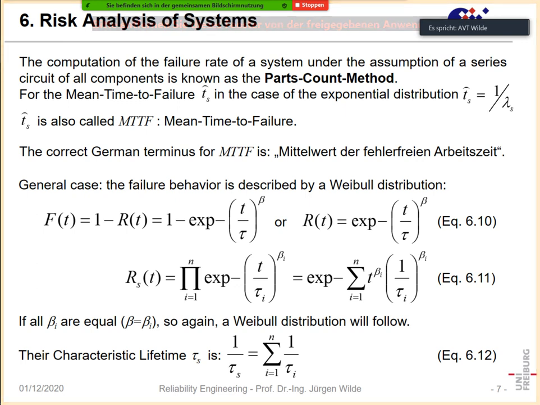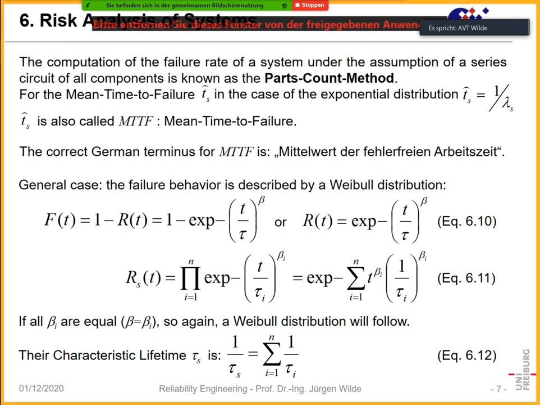In many other cases, you cannot assume a constant failure rate. And very often you can assume a Weibull distribution. Weibull distribution, as you know and have to know, F of t is 1 minus e to the power of minus t divided by tau to the power of beta.